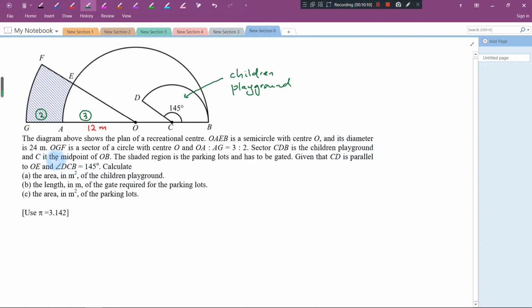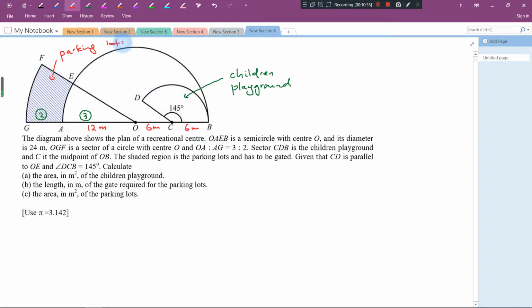And C is a midpoint of OB. C is a midpoint. So here it's 12, right? It means that here 6 meters, here 6 meters. Okay. So the shaded region is the parking lot. So this is parking lot.